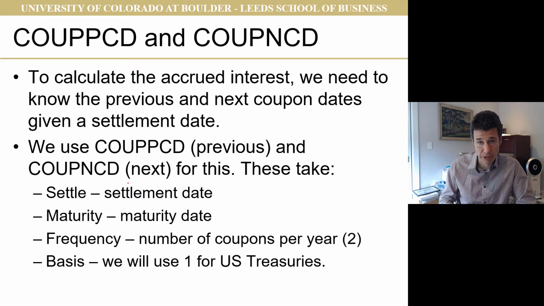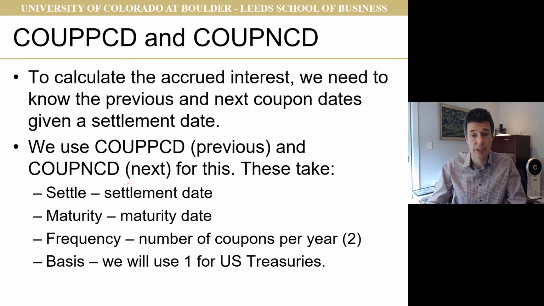Now for our purposes, because we're dealing with US Treasury bonds, the frequency is always 2 and the basis is always 1. If we were doing US corporate bonds, we'd use a different basis. If the bonds paid coupons not twice a year but 4 times a year, frequency would be 4, and so on. But for us, frequency is always 2, basis is always 1.